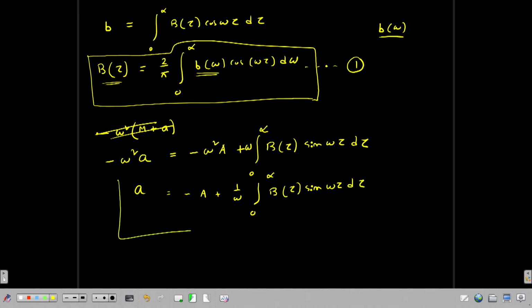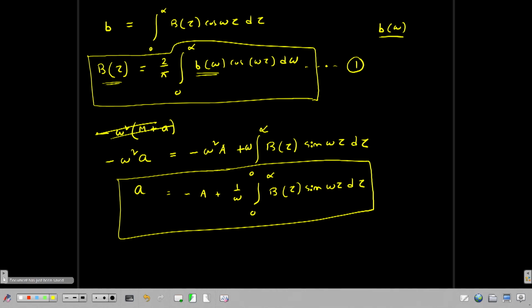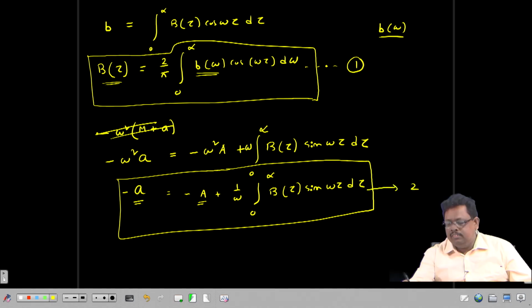Again, this second equation gives the relationship between the frequency domain added mass small a and the time domain added mass capital A. Let us call this equation 2.